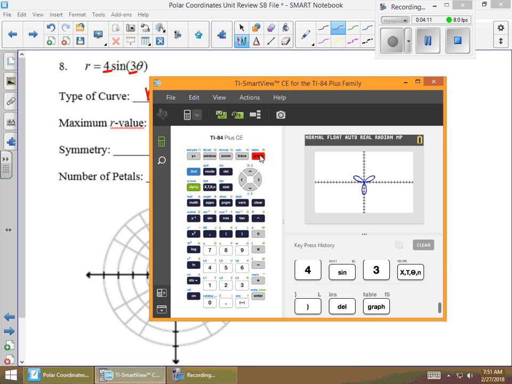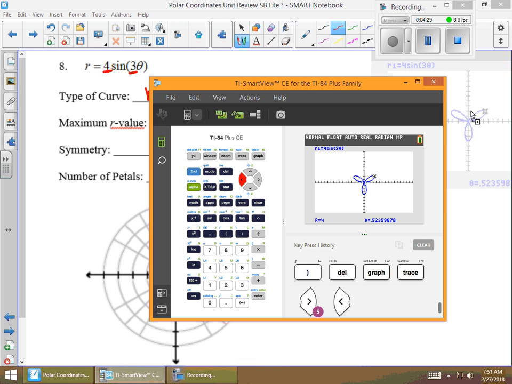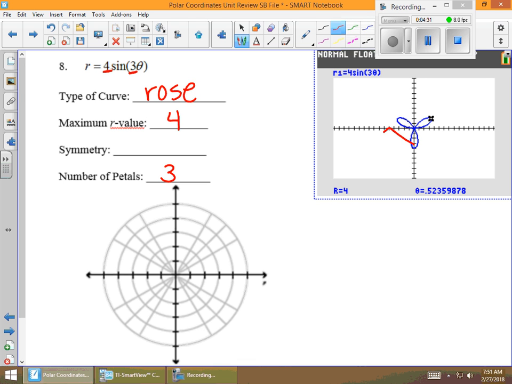Three petals. Now the thing that I am going to be picky about when I'm grading is that your petals are on the right angle value. So I'm going to trace. 0.5235. Okay, I'm going to kind of drag that over here so we have a nice picture to look at while we're drawing.